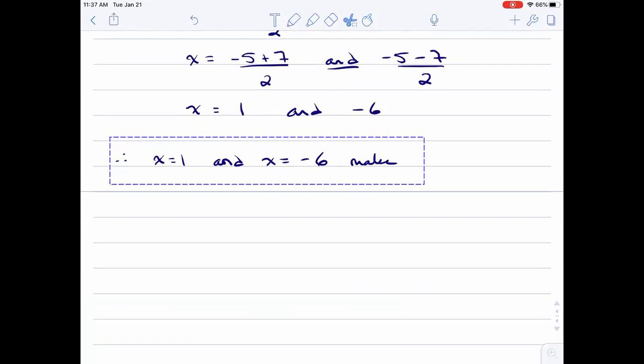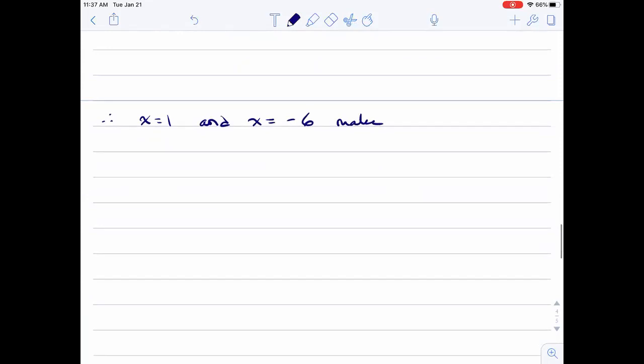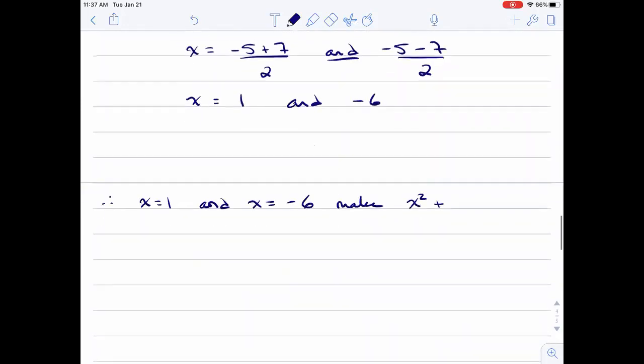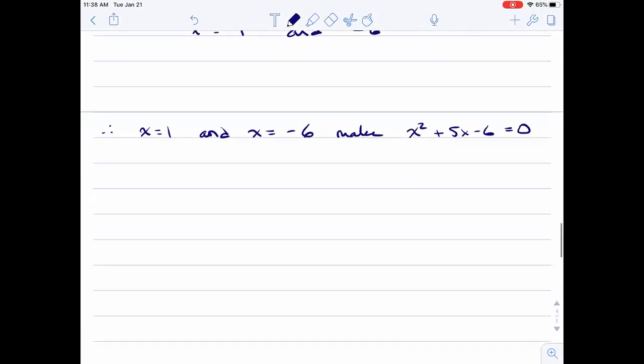I'll scoot this down to a new page. Make x squared, is it plus 5x? Yeah, plus 5x minus 6 equal to 0. Which means, and this is the key, and this is why it makes our life so much easier if we just know how to use it, which means that we can rewrite x squared plus 5x minus 6 as something else.